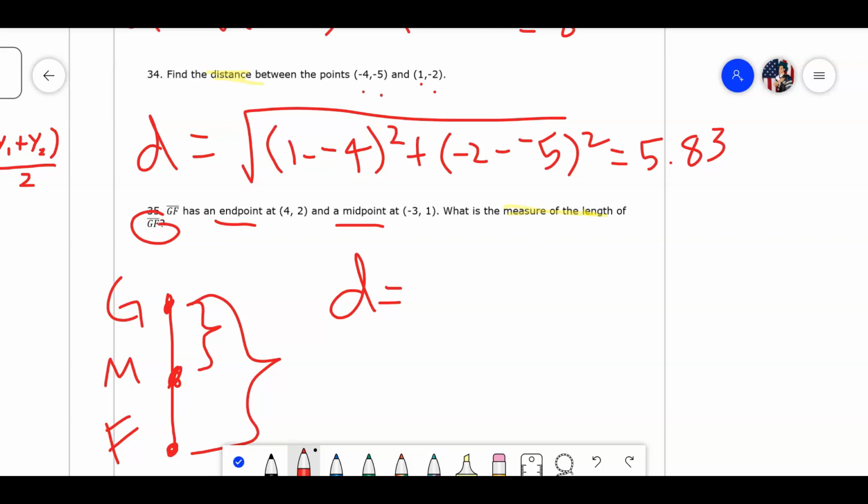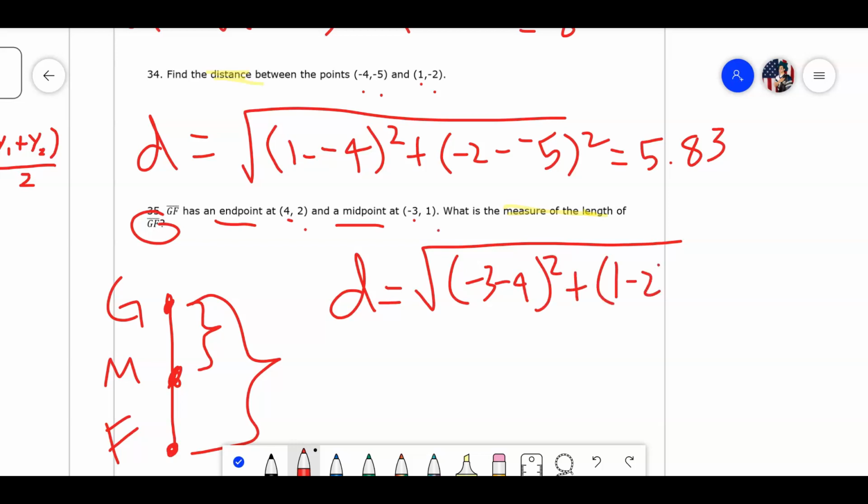I don't mind that you use the distance formula again, right? Negative 3 minus 4, squared, plus 1 minus 2, squared. But GF is going to be that distance times 2, because GM is half of GF.